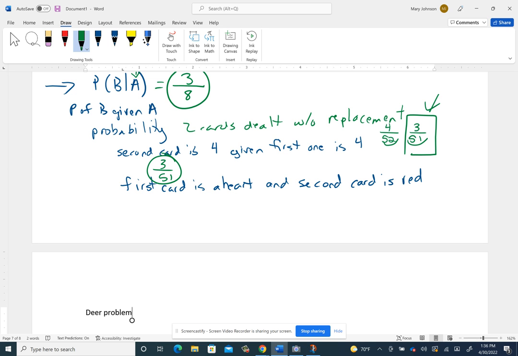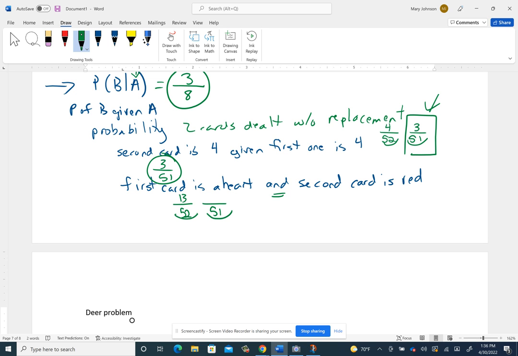Okay. All right. Then the other part I asked on that is, what's the probability the first card is a heart and the second card is red? Okay, so for the first card to be a heart, there are 13 hearts in those 52 cards. It's the first one I'm getting, so all of them are available. But when I go to do the second card, I only have 51 cards left. And I'm wondering what the probability is that the second card is red.